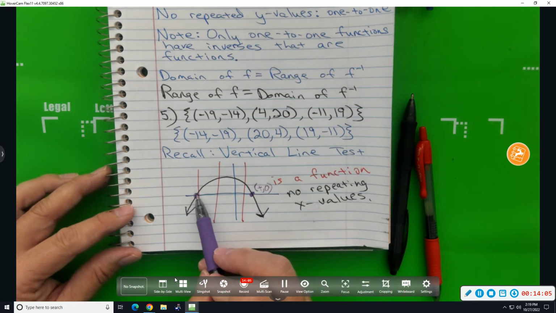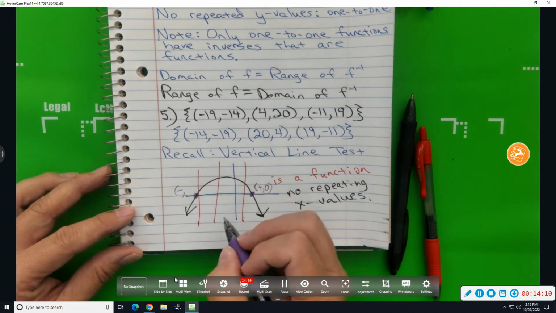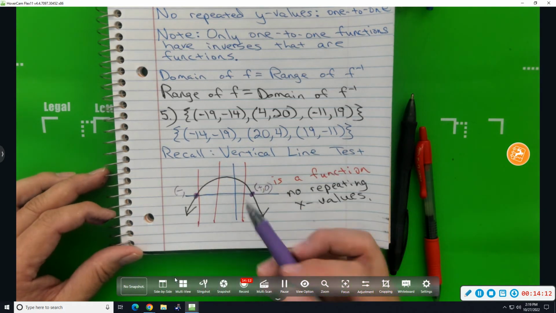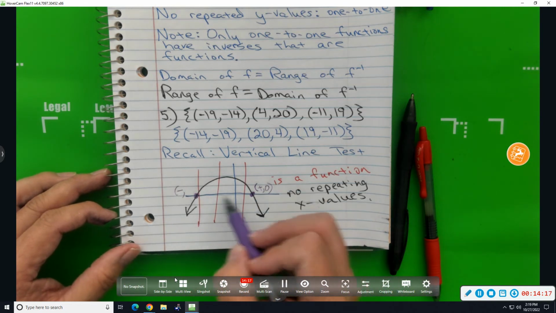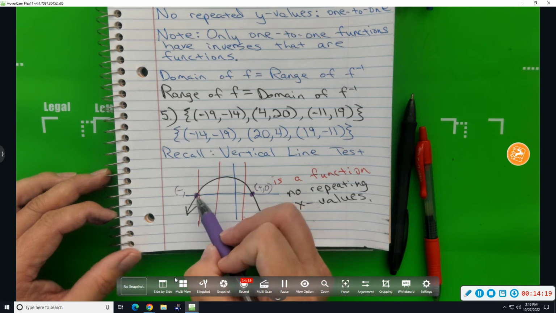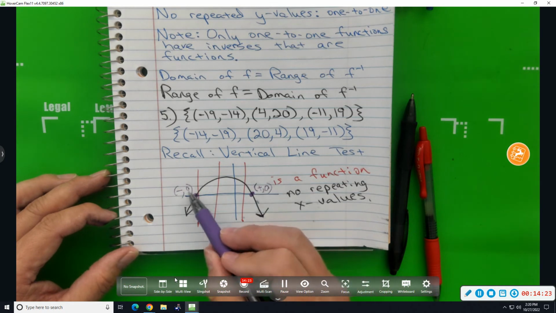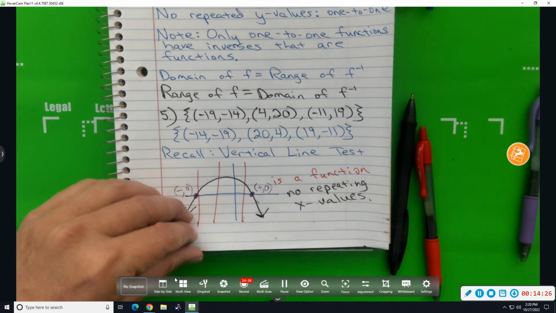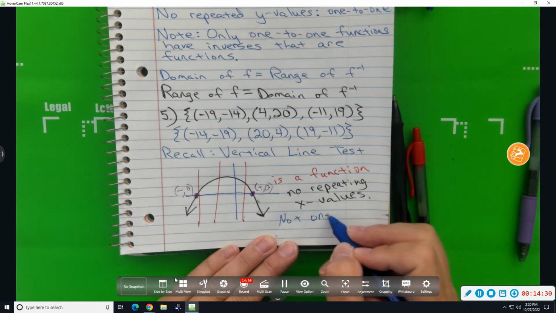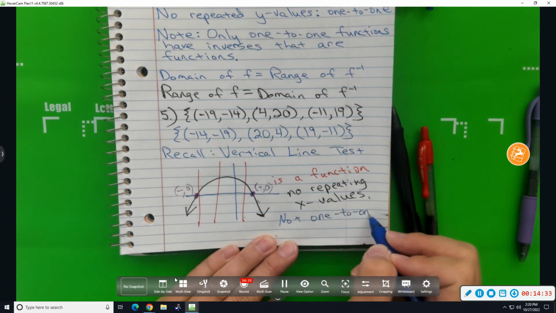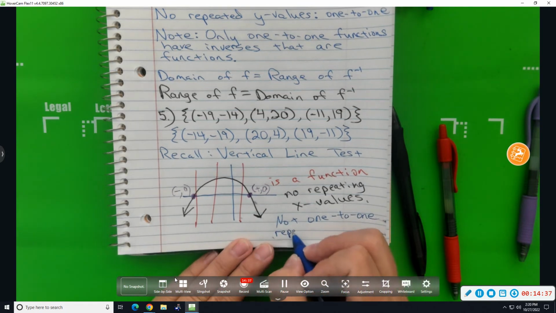Look over here. We have a negative x value, but what's the y value? The x value is negative, the y value is still 0. We have repeated y values, so this graph is not one-to-one.